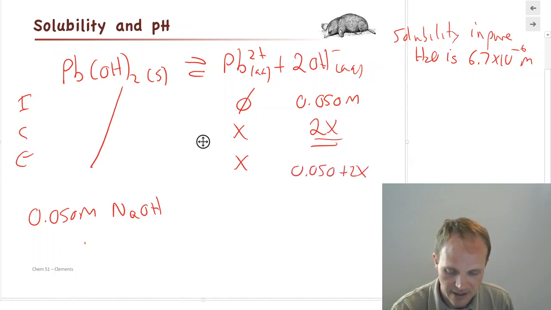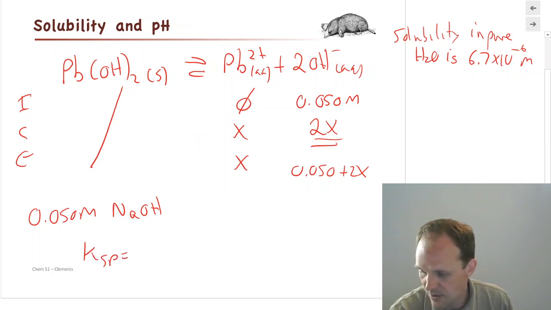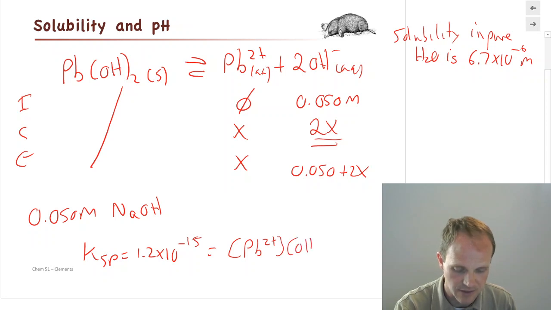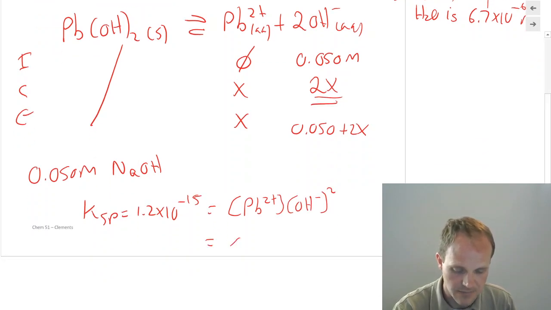So what do we get? We get our Ksp, 1.2 times 10 to the minus 15th, is lead 2 plus times hydroxide squared. And so we get x times 0.050 plus 2x squared.